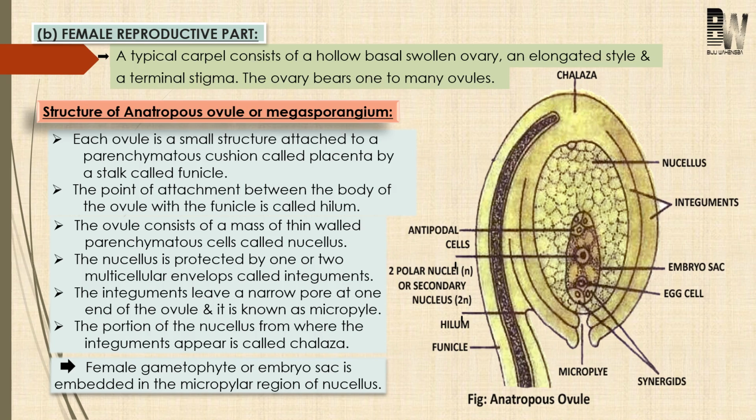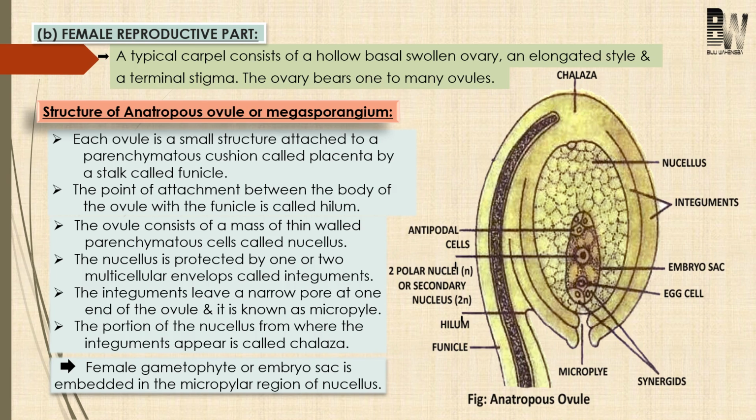Now coming to the structure of the anatropous ovule, the main body of the ovule is represented by an oval shaped structure known as the nucellus. The nucellus is surrounded by one or two envelopes known as integuments. The integument leaves a narrow pore at one end of the ovule, and this region where the integument is absent is known as the micropyle.